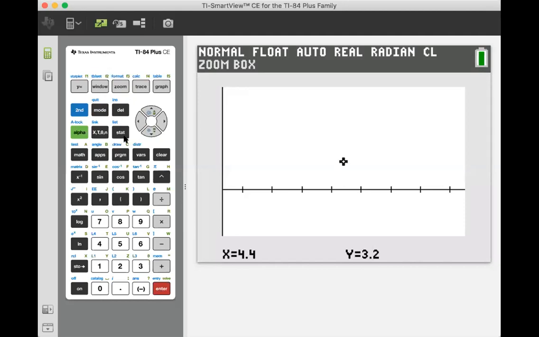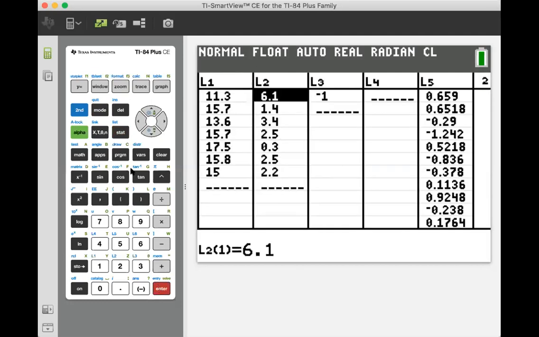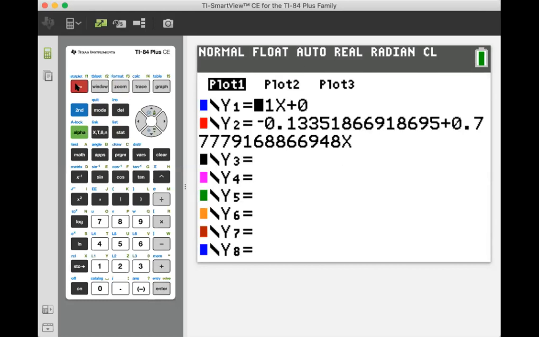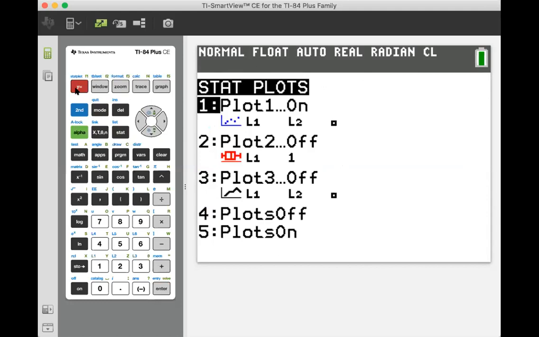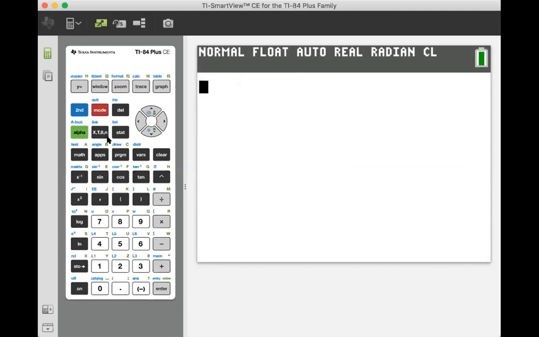Apparently not. Stat, enter. L1, L2. Second, y equals. L1, L2. This is still turned on. Second, quit.